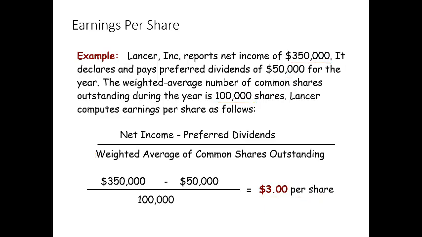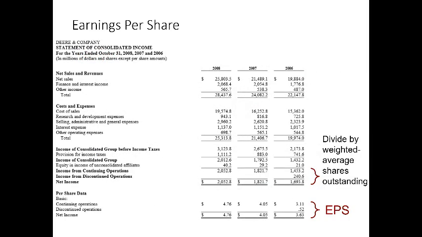So here's John Deere again. One thing to keep in mind: it's required under GAAP to calculate earnings per share for all three of these summary measures: income from continuing operations, income from discontinued operations, and net income. At the bottom of their income statement, they have all three calculated: continuing operations here, discontinued operations here, and net income down here.